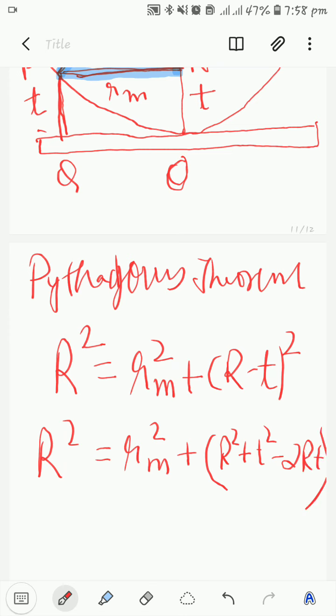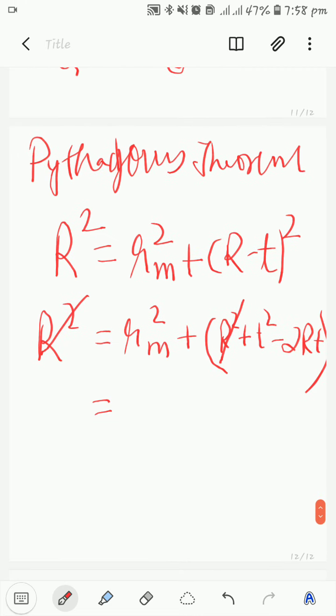Again, what happens next, we'll cancel R square from both the sides, and the remaining part we get rm square is equal to 2RT minus T square.